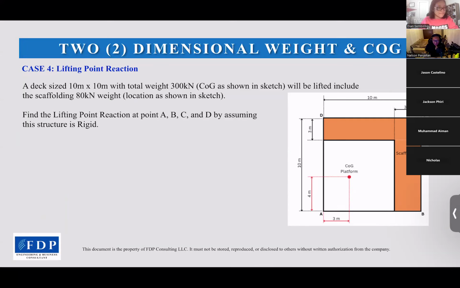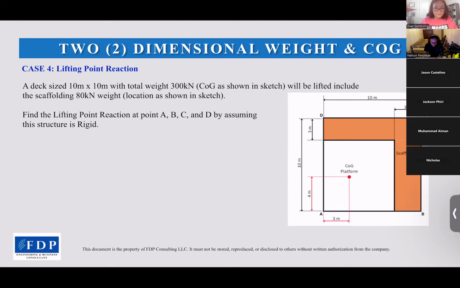So for example, we have a deck size 10 meters times 10 meters, total weight 300 as shown below. I think this is the case we get from case 2, case 3, which has scaffolding of 80 kilonewtons on the top and will be lifted. We need to find the lifting point reaction at A, B, C, and D by assuming the structure is rigid.